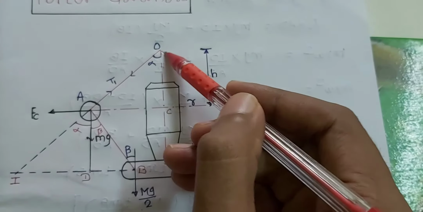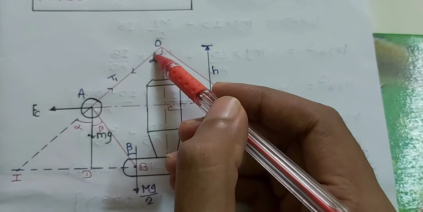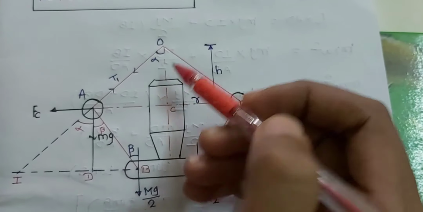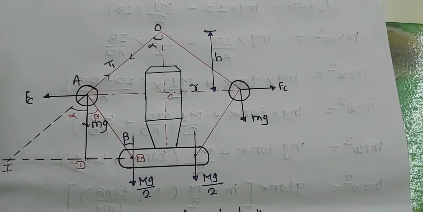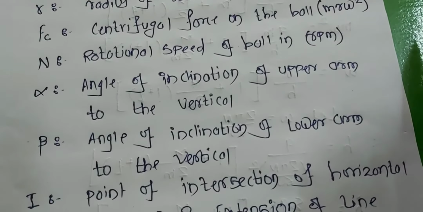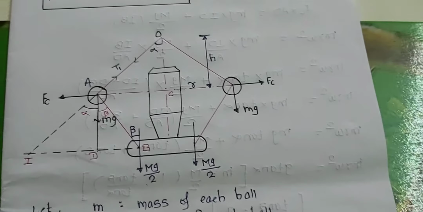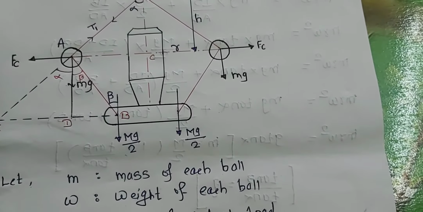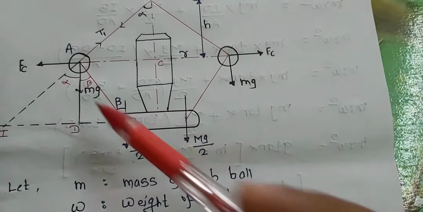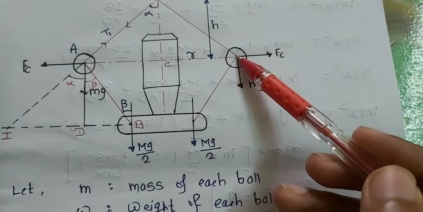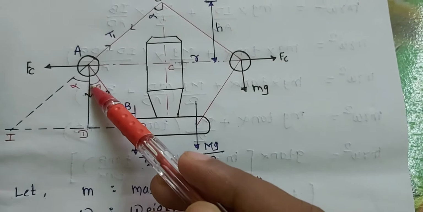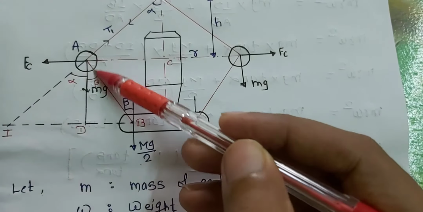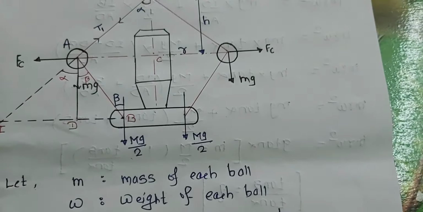This is my lower arm AB, and this is also my lower arm AM. So beta is the angle of inclination of the lower arm with the vertical.